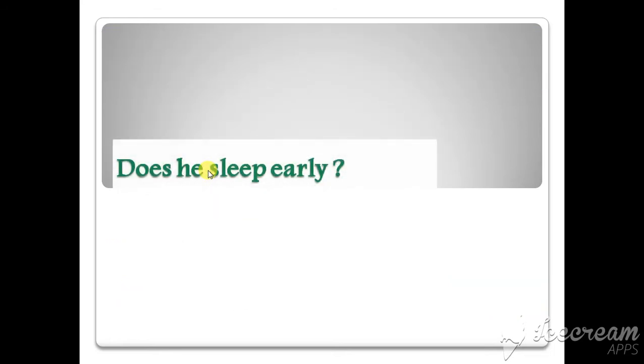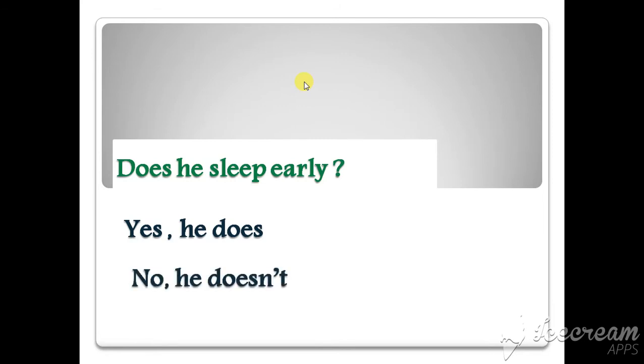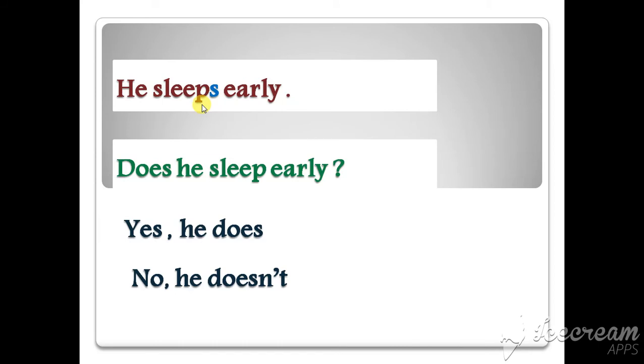The second example, does he sleep early? Yes, he does. Or no, he doesn't, if the answer is no. Okay, why did we ask here with does? Because if a sentence is in a present form and the subject here is singular, like he, then the verb should take s, because singulars take s with the verb, like he sleeps early.